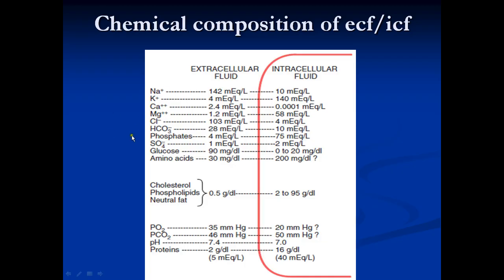There is a large quantity of sodium present outside the cell, but a large quantity of potassium lies inside the cell, and a large quantity of chloride lies outside the cell. A very small quantity of chloride lies inside the cell.